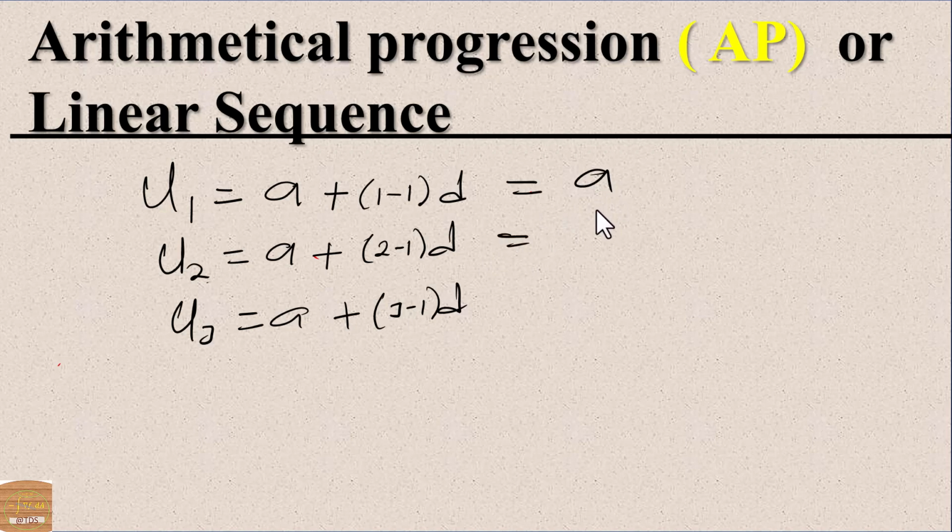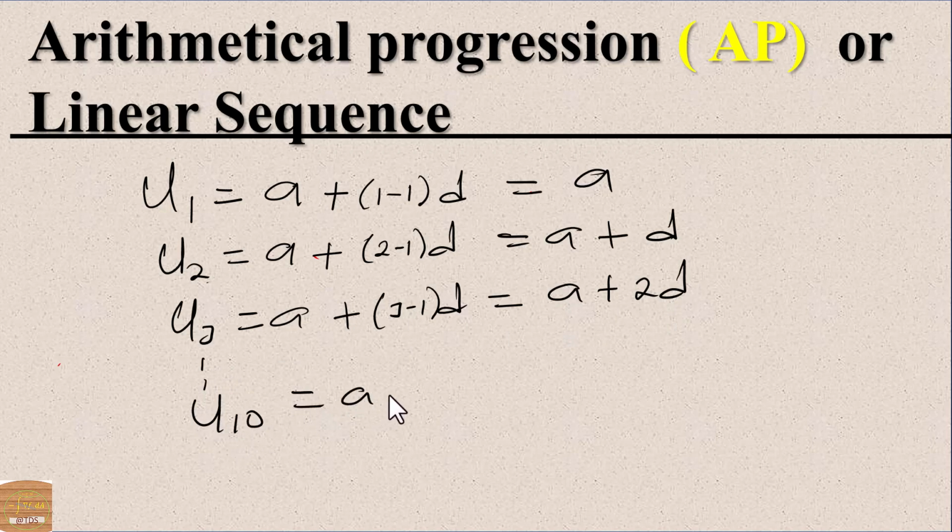So U2 will be A plus, now 2 minus 1 is 1, so A plus D. Now U3 will be A plus, 3 minus 1 is 2, so 2D. So guess U10. U10 will be A plus, reduce this one by 1 because it will be 9, so 9D. Now let's find U50.